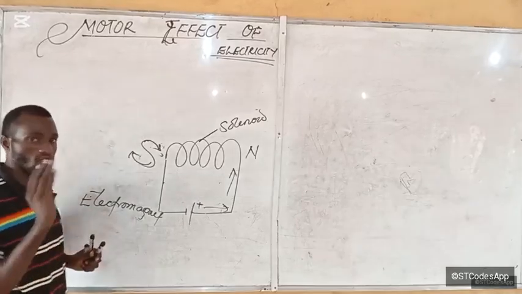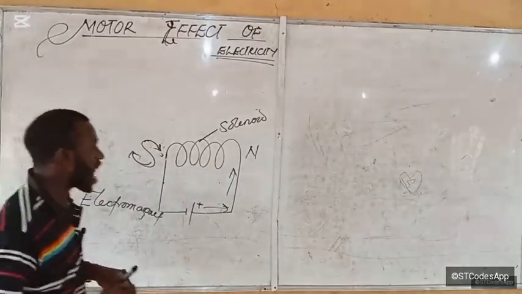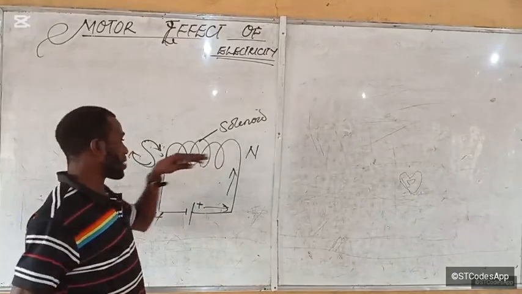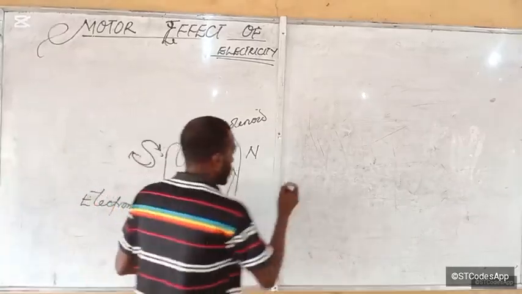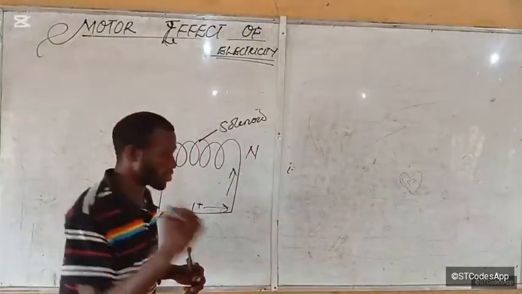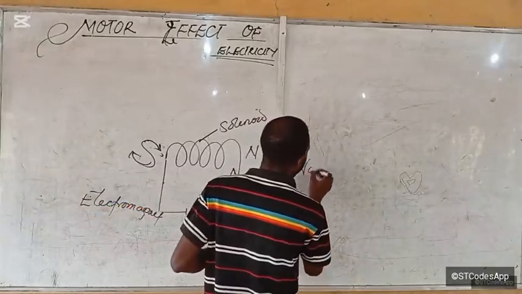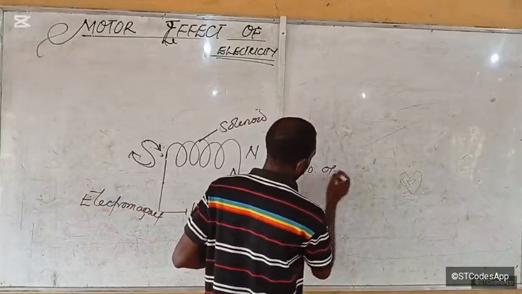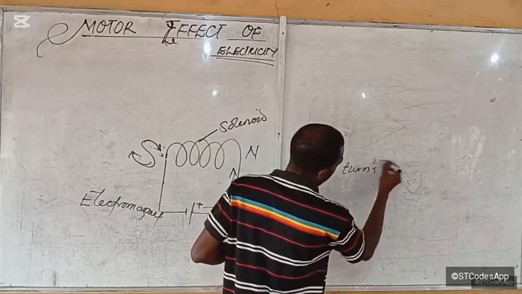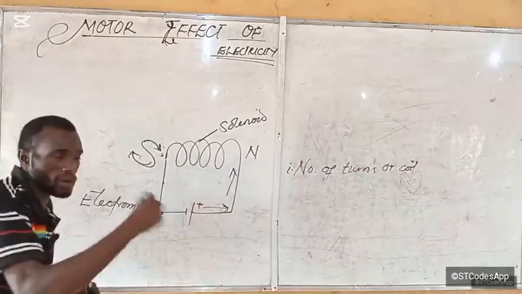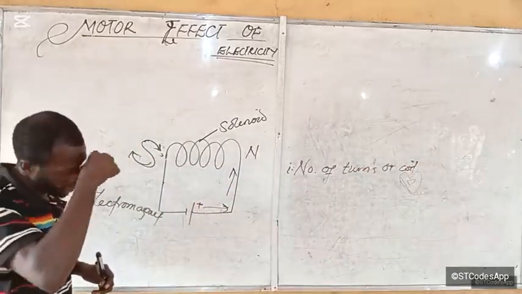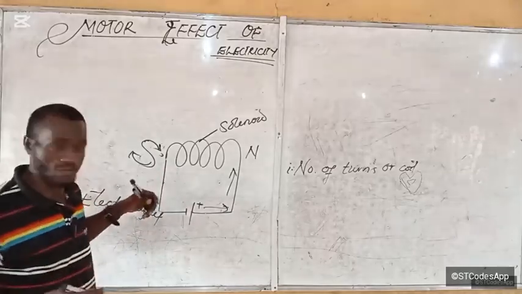Now, I mentioned something very profound, which is how do we increase the magnetic field or the magnetic property of this, our solenoid? There were two things basically I mentioned. If you increase the number of turns or coil of the wire of the solenoid, you are going to increase the magnetic field.